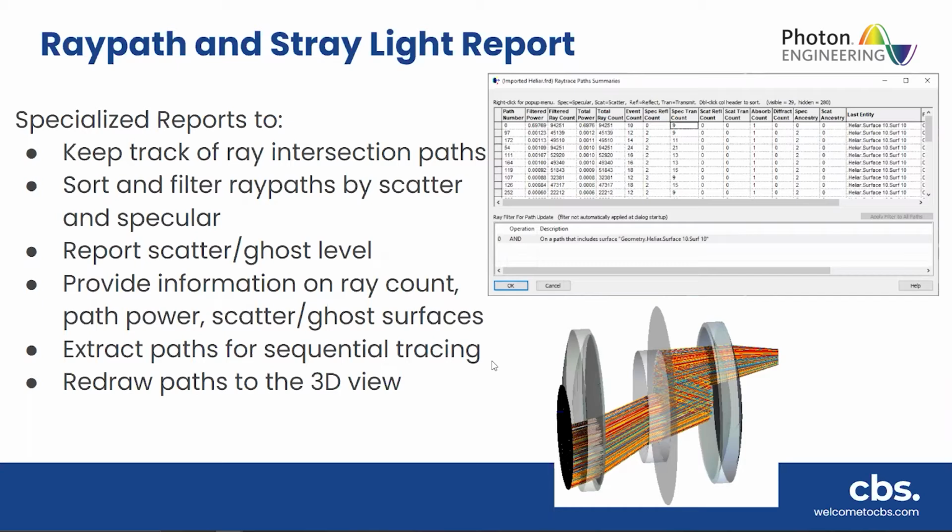From those two reports, we can also extract paths, and we can redraw those paths in the 3D view. So as shown here in this screenshot, a path has been redrawn that shows a ghost between a couple of different lenses. Okay, so we're now going to switch to Fred and show some of these things being used.